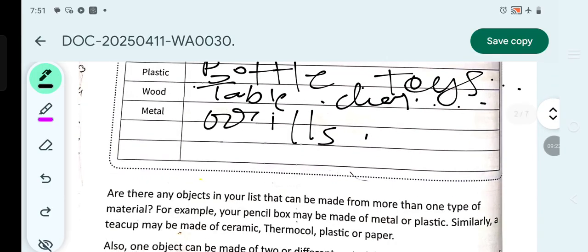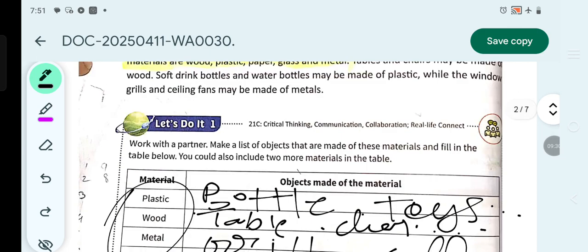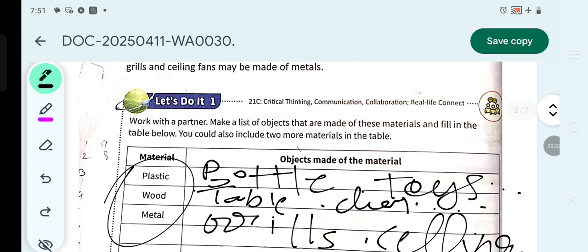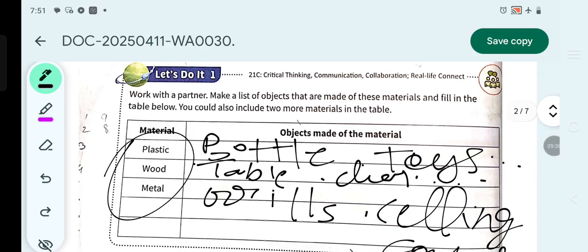Or you may write ceiling fans, as we have learned before. So all of these things over here are known as the materials, as we have learned, and all of these things are the objects made from the material.